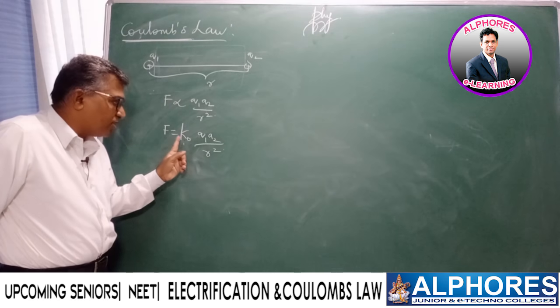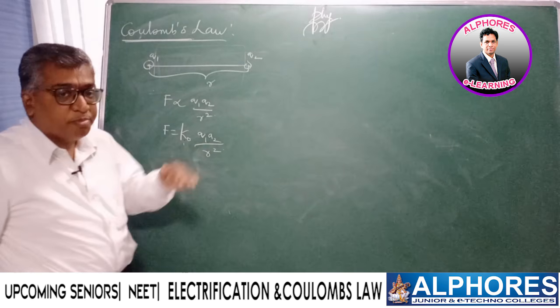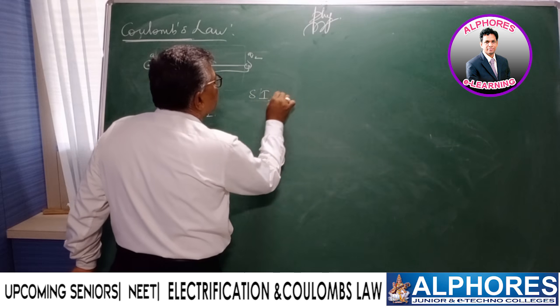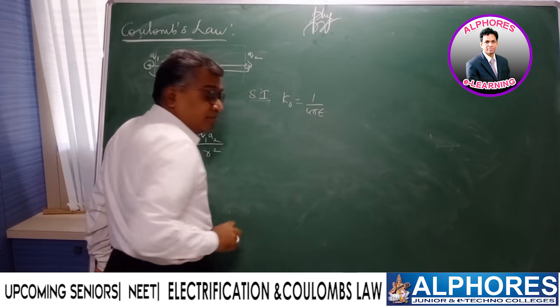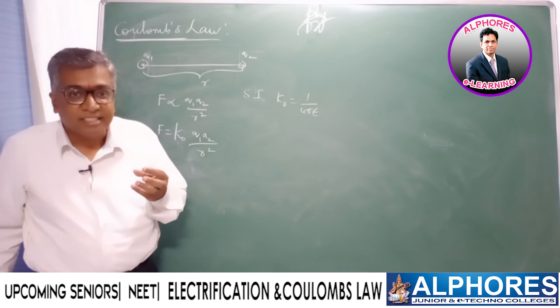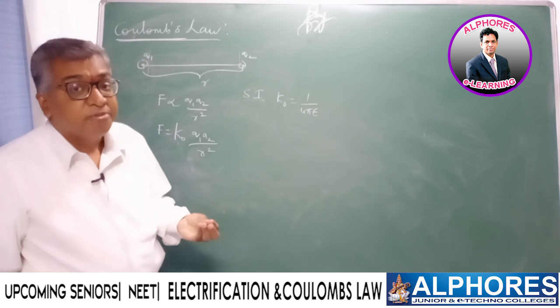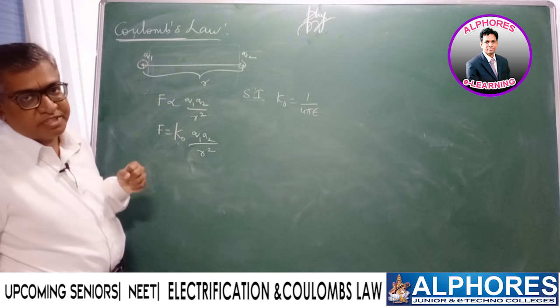In the CGS system, k naught is 1. In the SI system, k naught is given as 1 by 4 pi epsilon. Now epsilon is the constant of a medium which defines the extent to which it affects the force between the charges.